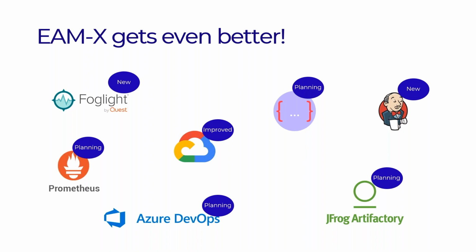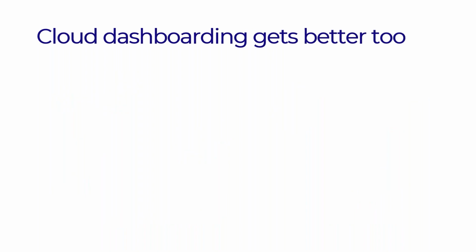So these are all there or thereabouts, not miles out. There are a whole bunch of improvements that we've made in our cloud dashboarding product as well, as far as integrations are concerned. This may not be directly relevant, but if you're an EAMX customer, it will be of interest to you. We'll hear more about EAMX in a moment.